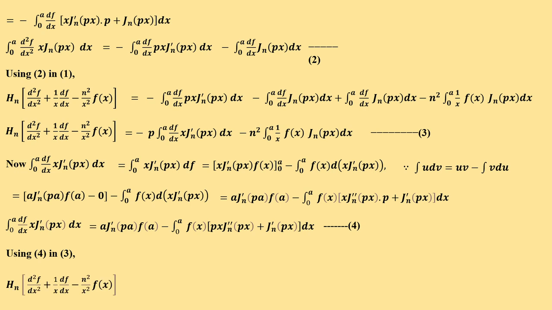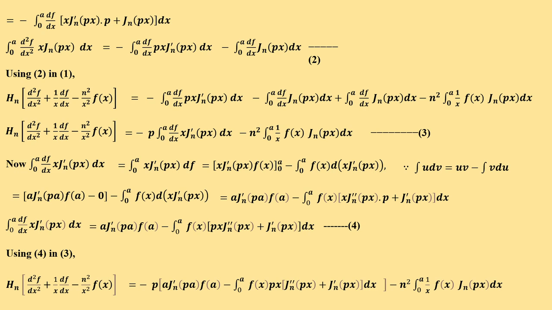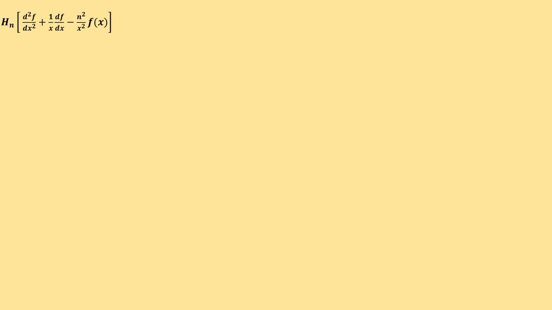Using 4 in 3, therefore x squared d square f by dx square plus 1 by x df by dx minus n square by x square f of x is equal to minus p into a Jn dash of pa f of a minus integral 0 to a f of x [px Jn double dash of px plus Jn dash of px] dx minus n square integral 0 to a 1 by x f of x Jn of px dx.